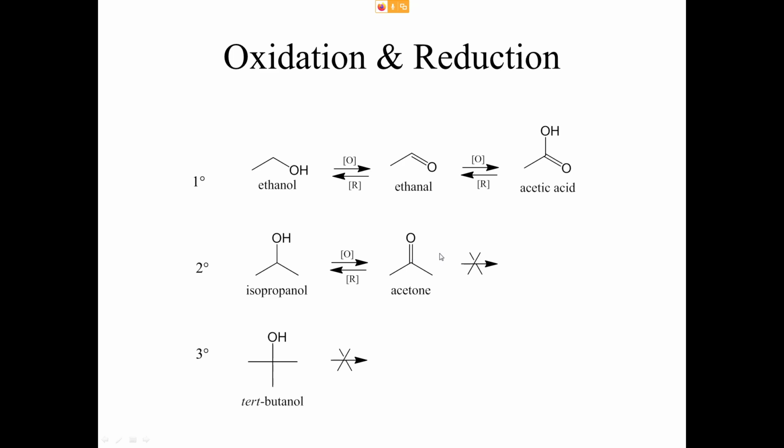Ketones cannot be further oxidized because there's no hydrogen to remove here. And same thing with tertiaries. We went from 1 bond to carbon and oxygen to that's it. You have no hydrogen to remove, so it cannot be oxidized. So what we're going to talk about today is how we turn these aldehydes and primary alcohols into carboxylic acids, doing this oxidation reaction, and the physical and chemical properties of these carboxylic acids.